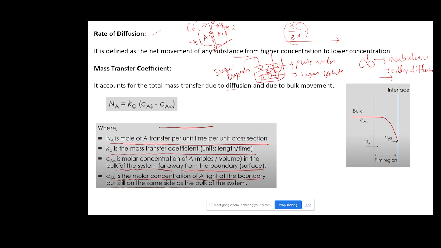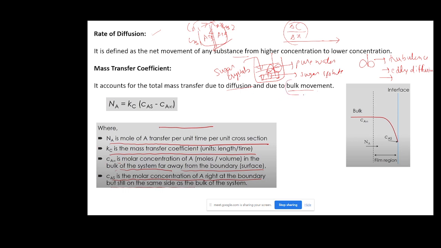So there is one term which is diffusion, which does not include any external bulk movement or require any external agitation, and there is another, the external bulk movement.